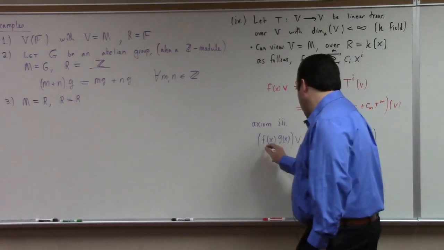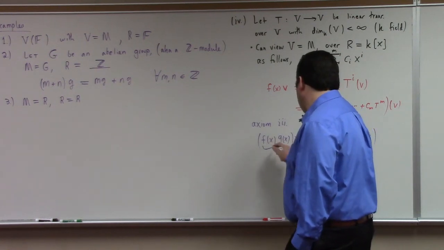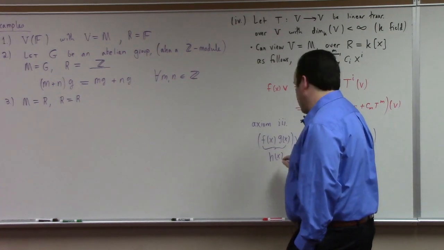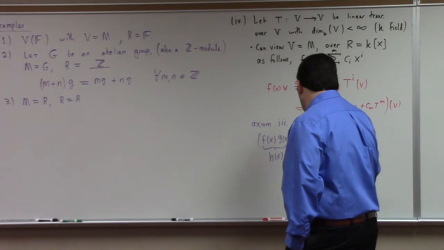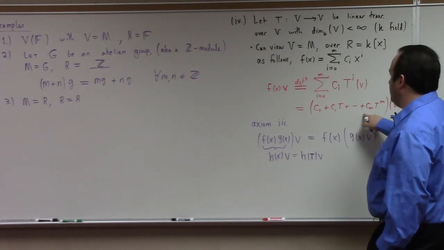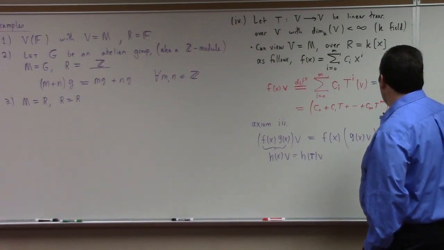So you're saying that this is, let's say, h of x, some polynomial. That acting on V, of course, is essentially h of t. I was rather explicit here, but of course, you could rewrite this as just f of t acting on V, right? I mean, it's just that.